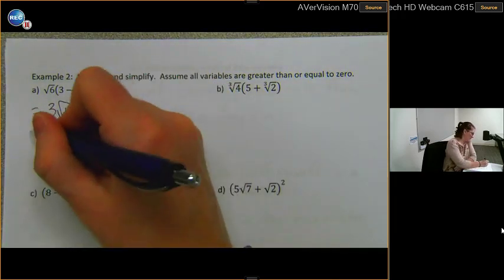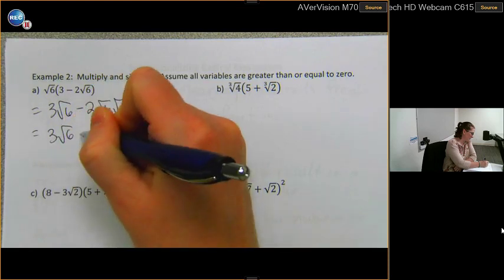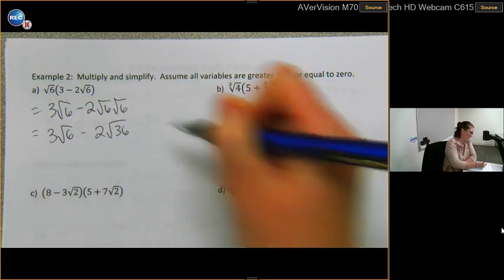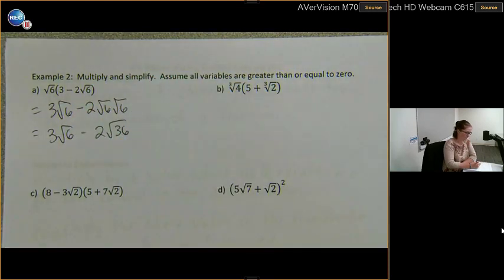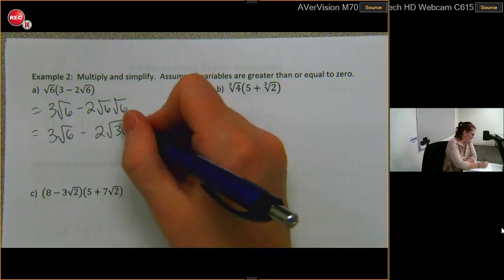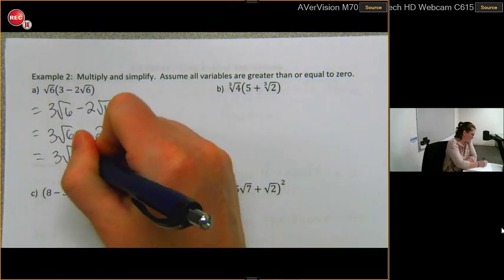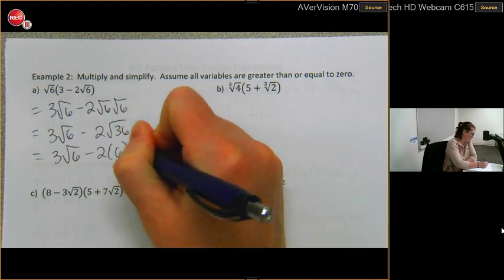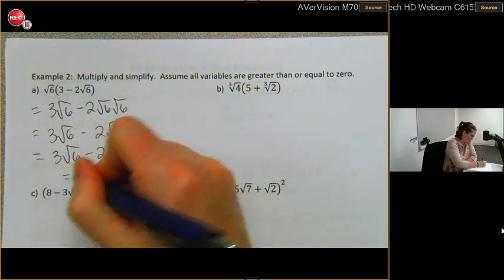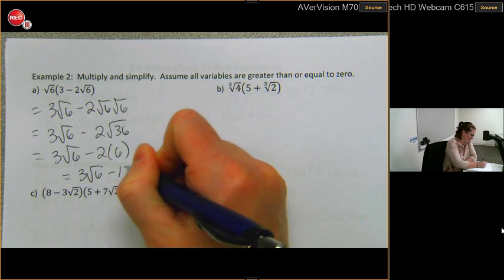Well, square root of 6 times square root of 6 is 36 underneath the square root. And the square root of 36 is 6, so that's going to be 3 square root of 6 minus 12.